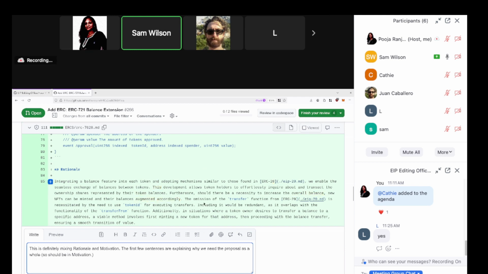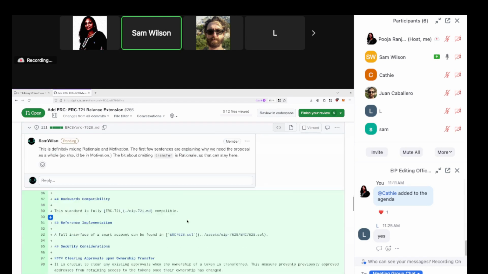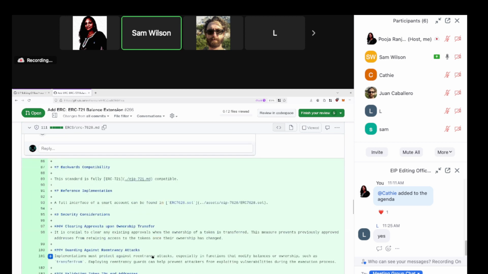Balance. Yeah, entities can be in balance. Transfer function. So what function is transferFrom? Okay, cool. ERC 7628. Yeah, that's good. It's fully okay.